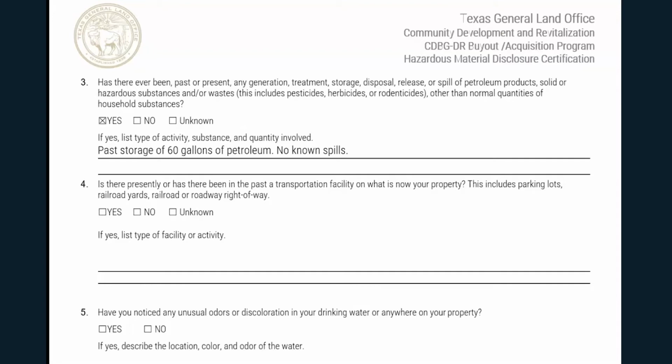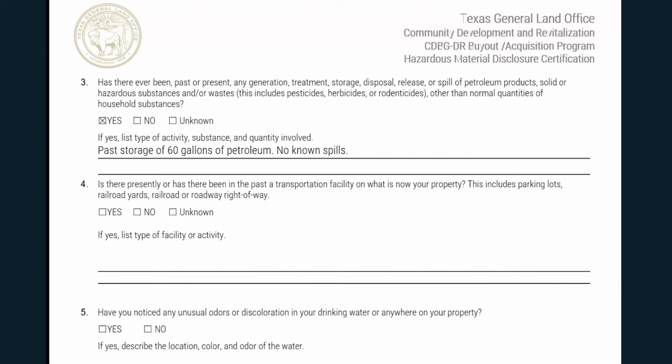In number 4, the applicant should answer, is there presently or has there been in the past a transportation facility on what is now your property? This includes parking lots, railroad yards, railroad, or roadway right-of-way. Past or present transportation infrastructure and facilities may indicate the possibility of hazardous materials on the property and should be noted.